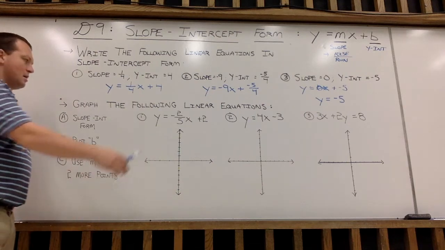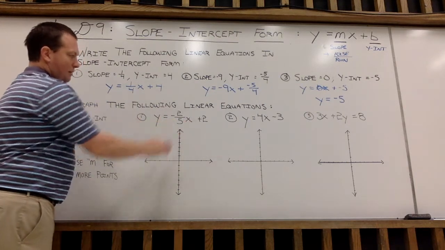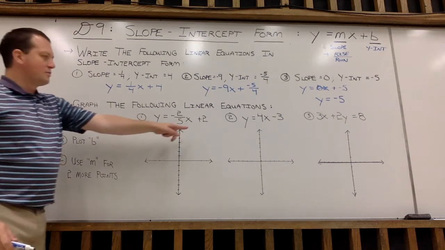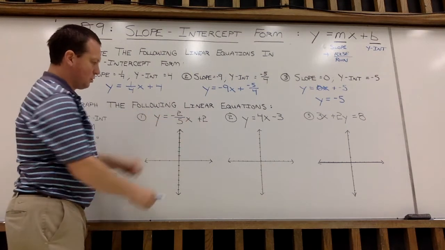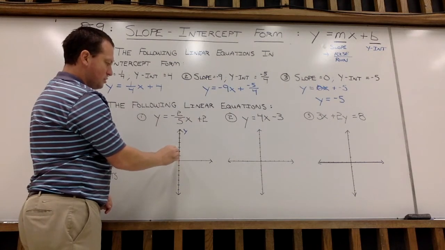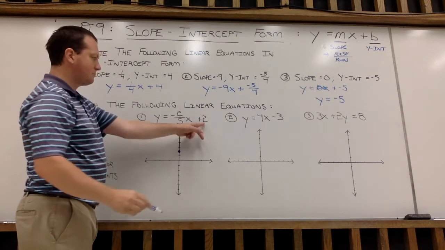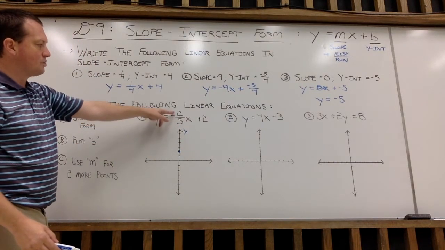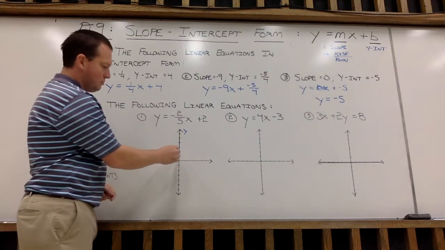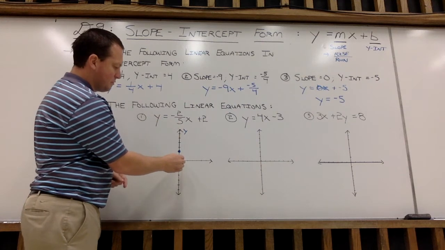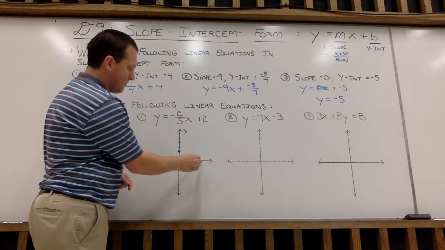Okay, with example 1, since we are groovy in y equals mx plus b format, we're going to plot b, the y-intercept. In this case it is 2. So on the y-axis, I'm going to go up 2. There's my y-intercept. The slope of the line is -2 over 5. So I rise -2, which means I go down 2 and then run 5 positive to the right: 1, 2, 3, 4, 5.